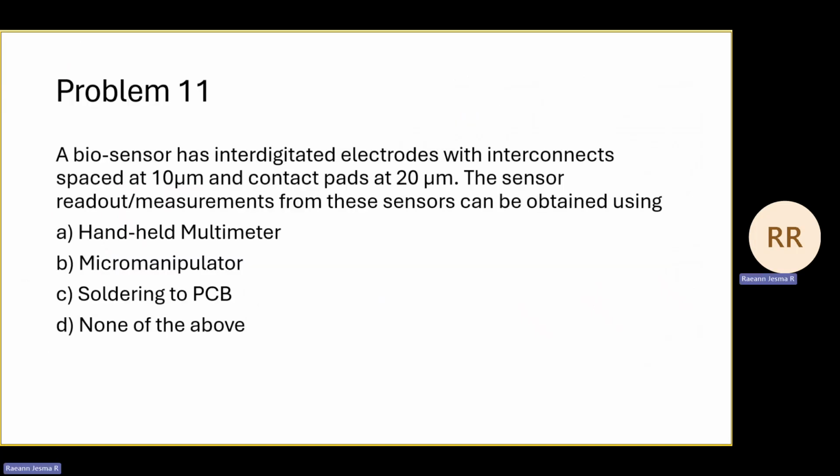Now let us move on to problem 11. Okay. A biosensor has interdigitated electrodes with interconnects spaced at 10 micrometer and contact pads at 20 micrometer.